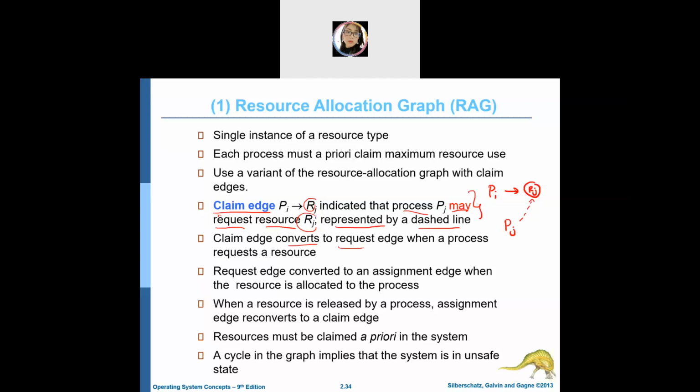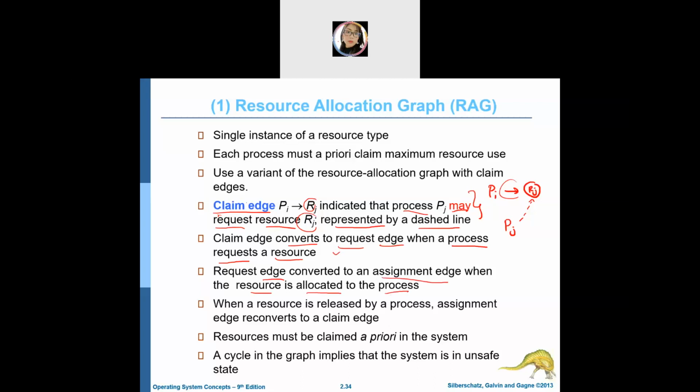Claim edge converts to request edge when a process requests a resource. So it's going to convert later on to a request edge when a process requests a resource. Request edge converts to assignment edge when the resource is allocated to the process.